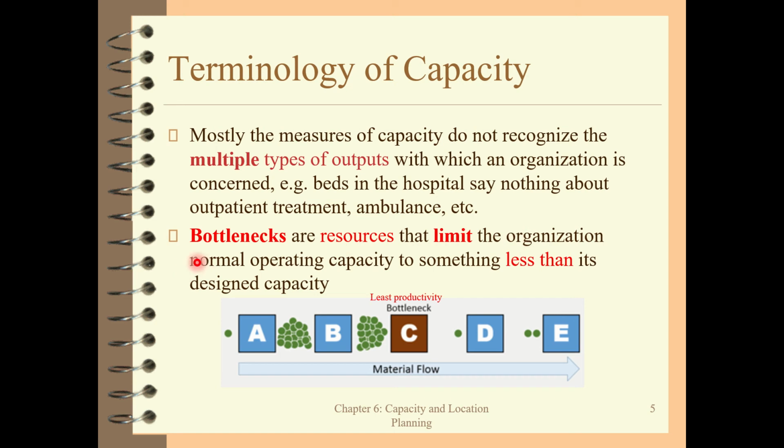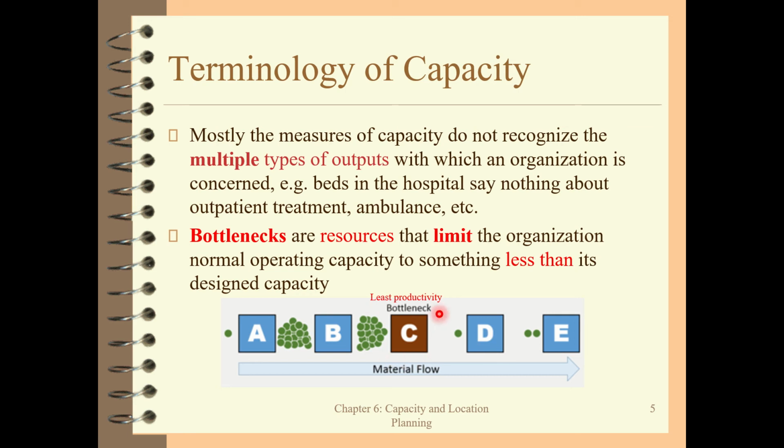So we are going to discuss the bottleneck, which is the resource or resources that limit the organization's normal operating capacity to something less than its desired capacity. Please look at this line. This is a flow chart. You can see that raw material first comes to machine A and then goes to machine B, and then C, and then D, and then E, and comes out as a finished good here.